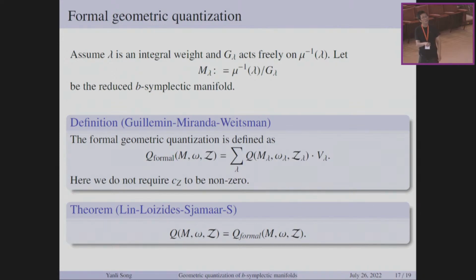In their setting, I remember, the reduced space is a symplectic manifold. But here we don't need the reduced space to be symplectic; b-symplectic is enough. Okay, in this case, under some assumption, we can show that the quantization is equal to the formal quantization. So this is the extension of quantization commutes with reduction from reduction at 0 to reduction at all co-adjoint orbits. Okay.